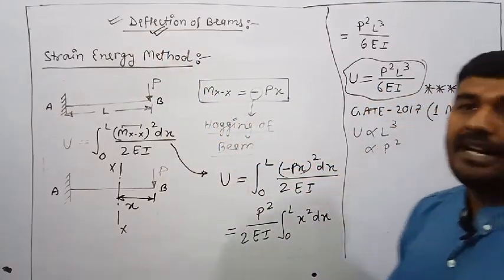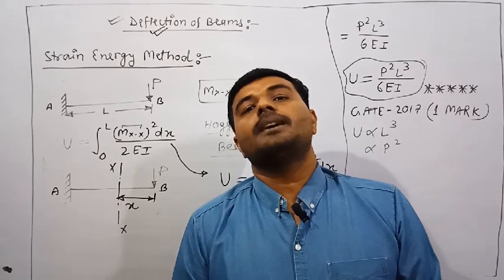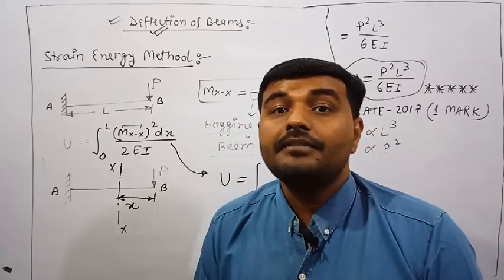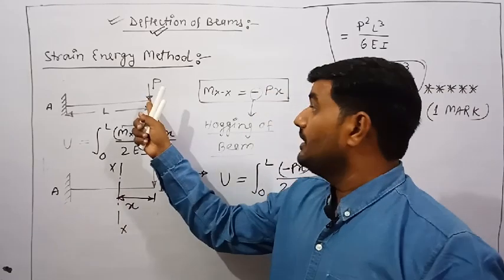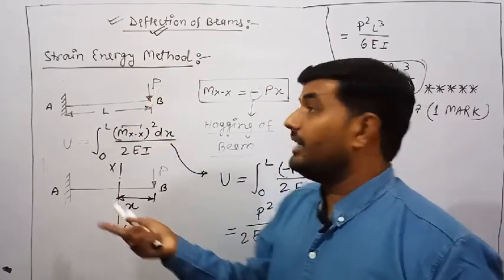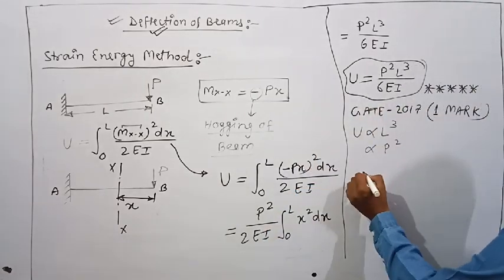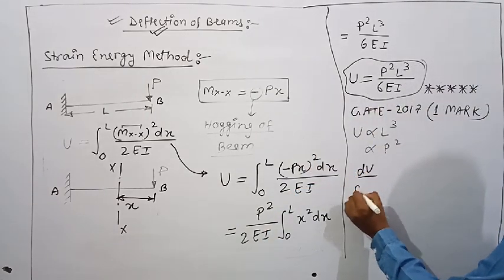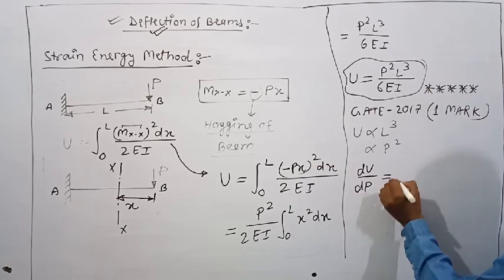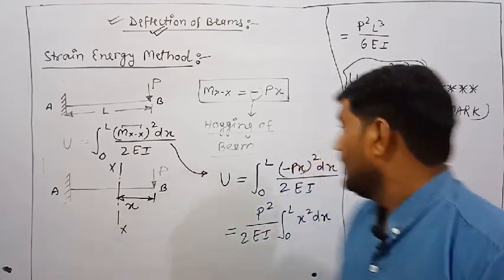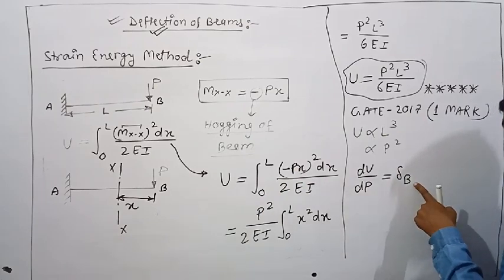For deflection of the beam, I already told you which theorem? Castigliano's theorem. We have to calculate the deflection under which point? Point B. So according to Castigliano's theorem, the rate of change in strain energy with respect to load gives the deflection in the direction of load. dU at what point? B point.